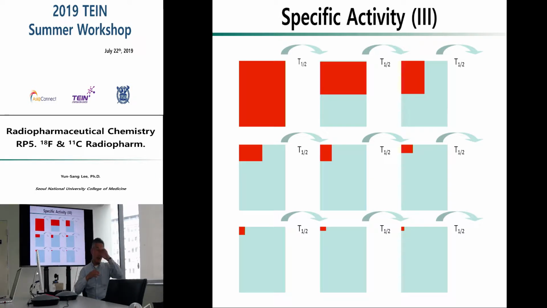In the case of glutathione, that means glutathione is everywhere in our body. So that is not so important, especially for PET imaging.